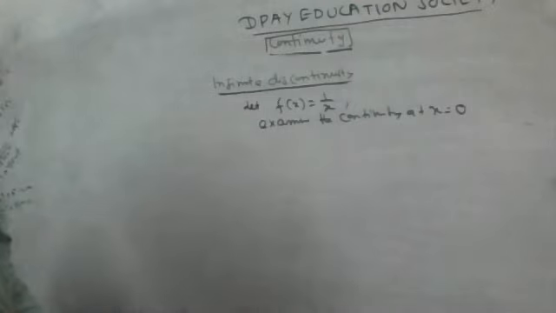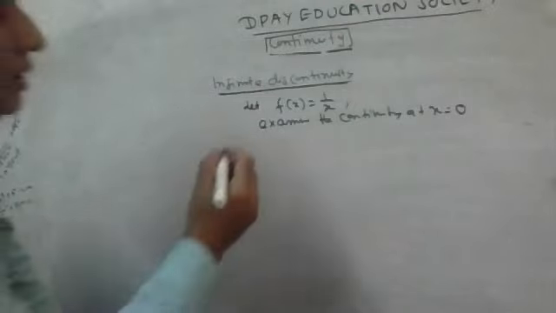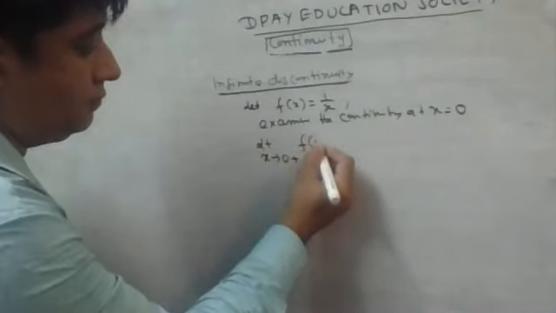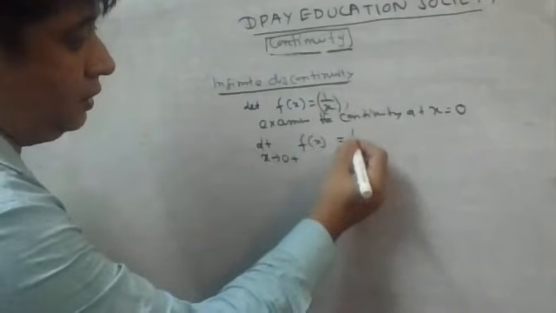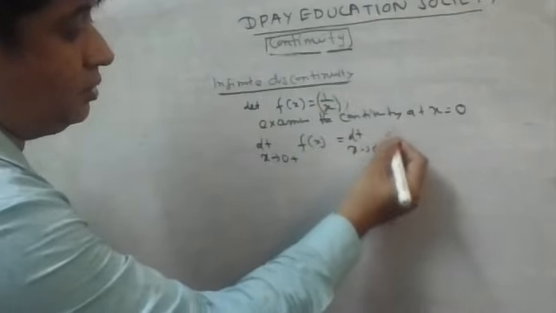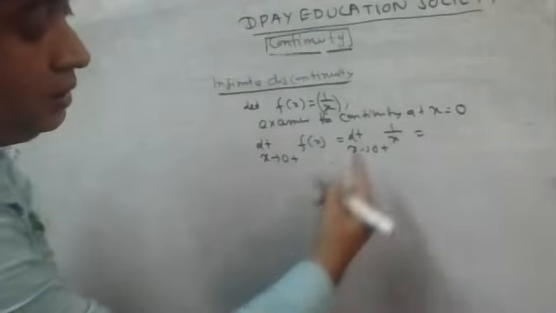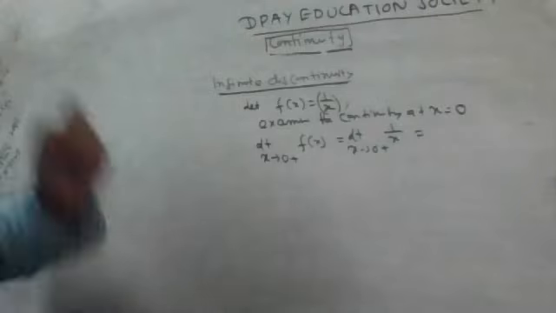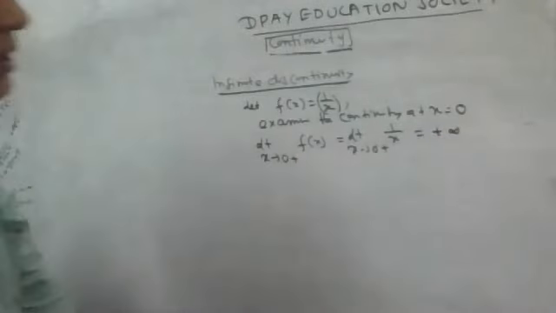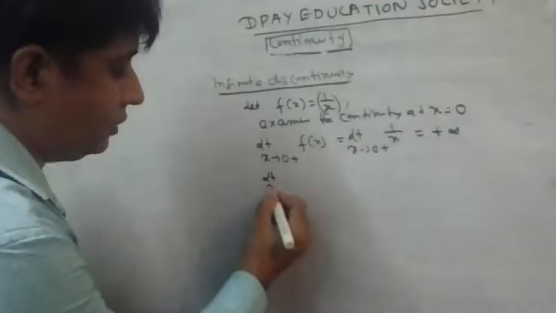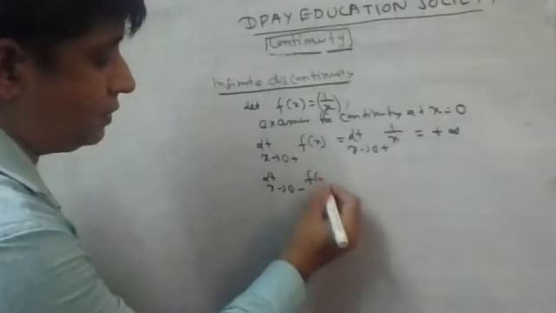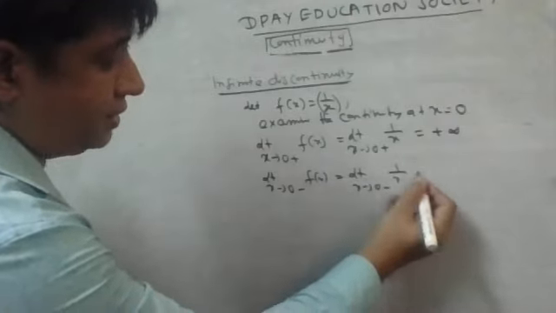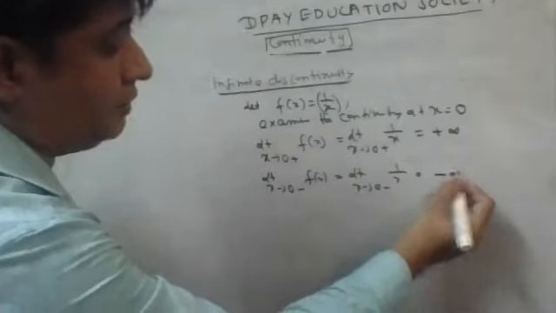So again, like the conception of limit or continuity, limit x tends to 0 plus f(x) is limit x tends to 0 plus 1 by x. If you put 0 plus, meaning slightly greater than 0, it will become positive infinity. And x tends to 0 minus, 1 by x, slightly less than 0, is negative infinity.